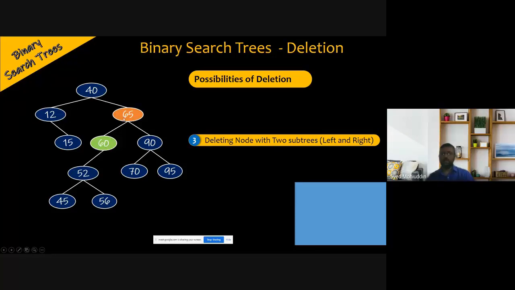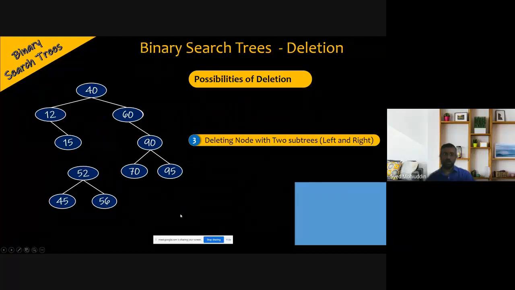We replace node 65 with node 60 because it is the largest element from the left subtree. Then we make the child of the node the left subtree. So this satisfies the criteria.